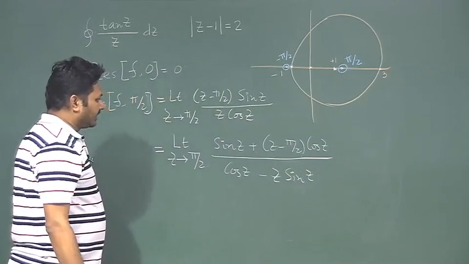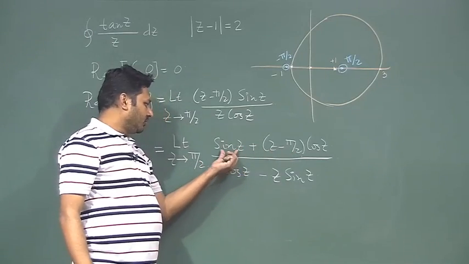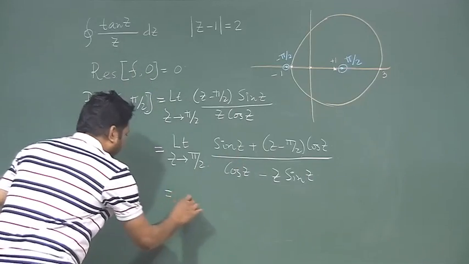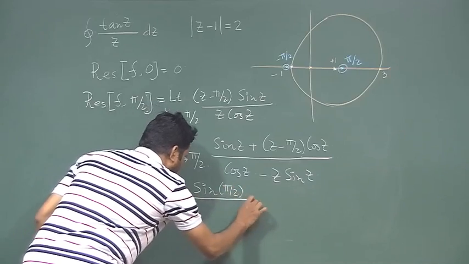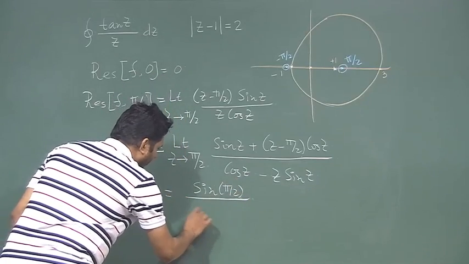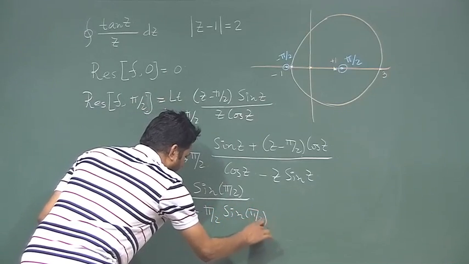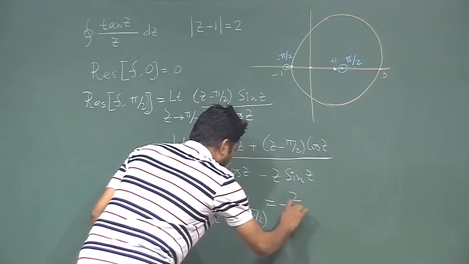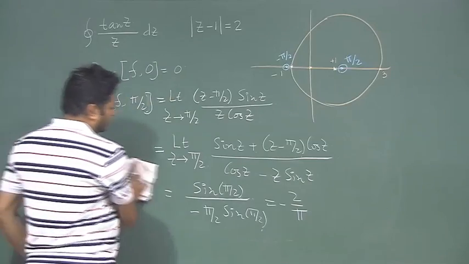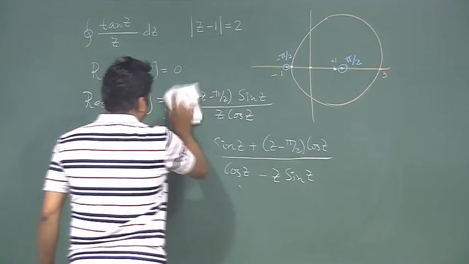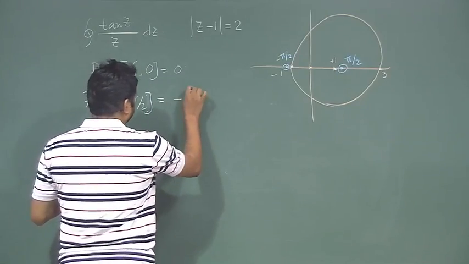Now if I put in the limit there will be no problem. If I put z equal to pi by 2, this quantity vanishes, but this quantity stands. So I will finally have sin pi by 2 divided by cos pi by 2, which is 0, but minus pi by 2 sin pi by 2. So eventually I will have minus 2 by pi. This is my residue. So the first residue is 0 and the second residue comes out to be minus 2 over pi.